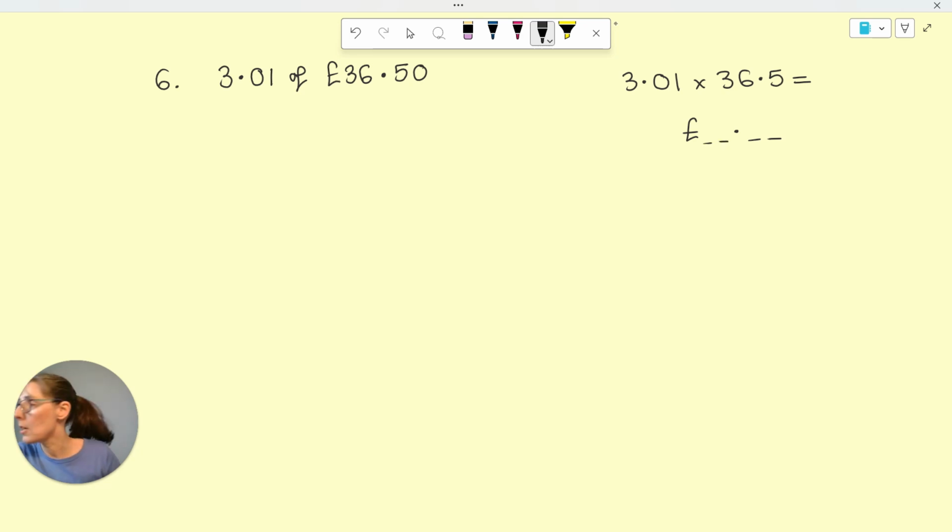Okay, might have 3 actually. Is it 3? Let's have a look. I think it's 3-digit. We've got 3 lots, so 3 multiplied by 36.5.